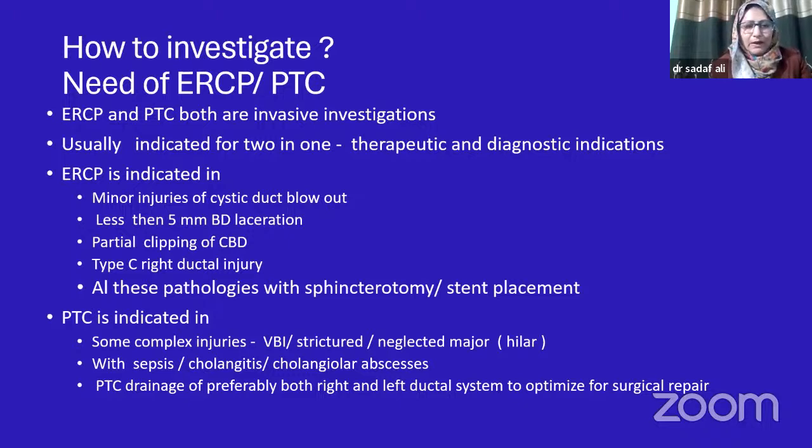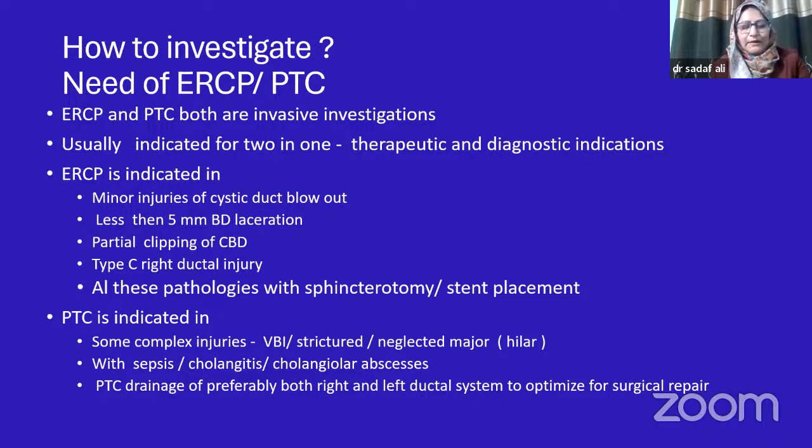ERCP might be required in minor injuries, when you understand based on your clinical observation of the patients, and if you have proved that this is a cystic duct blowout, the laceration is less than 5 mm, or there's a partial clipping. Some good competent endoscopists can bridge a type C right ductal injury, a sectoral ductal injury, and all they have to do is sphincterotomy and stent placement. A detail of it would be coming up in the next presentation.